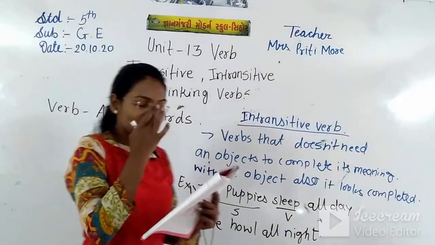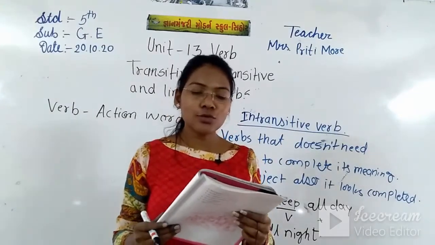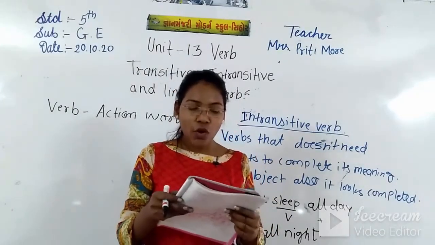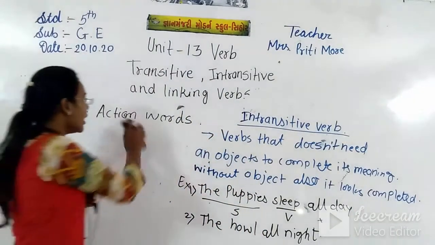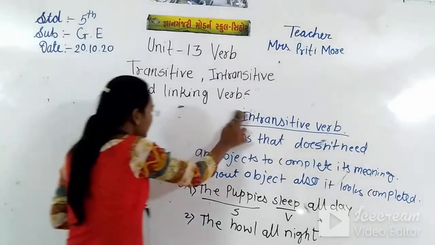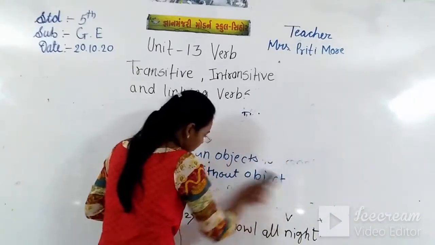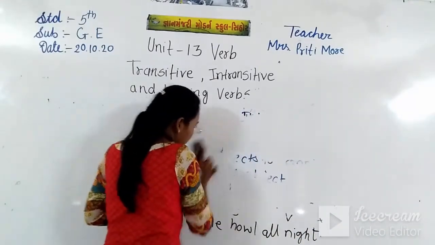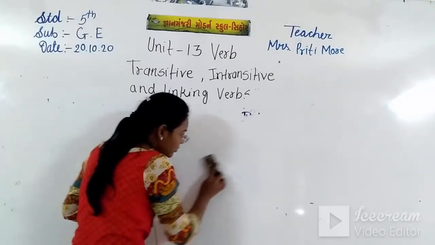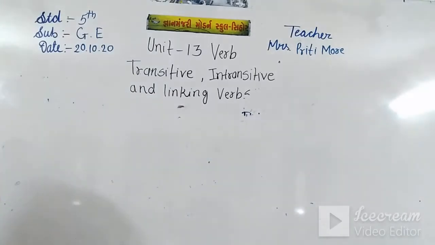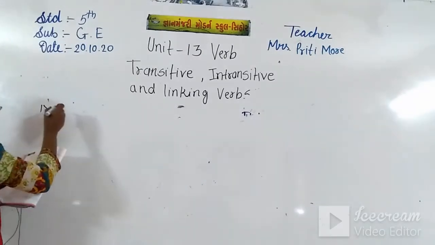So now let's do the practice exercise. Underline the verb and tick the correct box to say if they are transitive or intransitive verb. So I just rub this and let's do the practice exercise A. The first sentence is there.